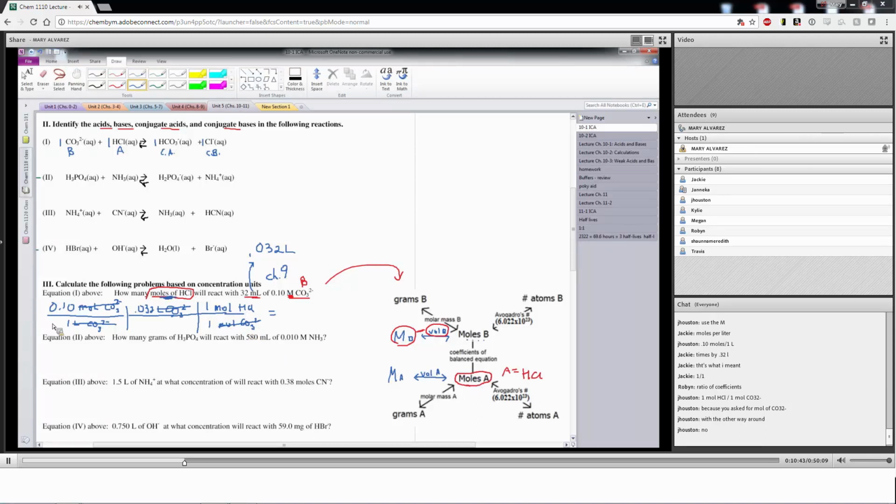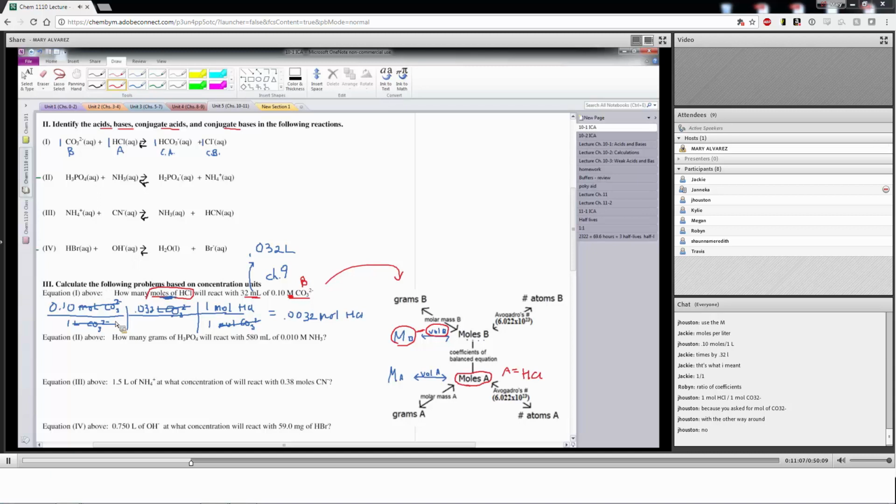And so I just plug this in 0.1 multiplied by 0.032. That should give me 0.0032 moles of HCl. Okay. Again, this is literally stuff from last exam that we just took.